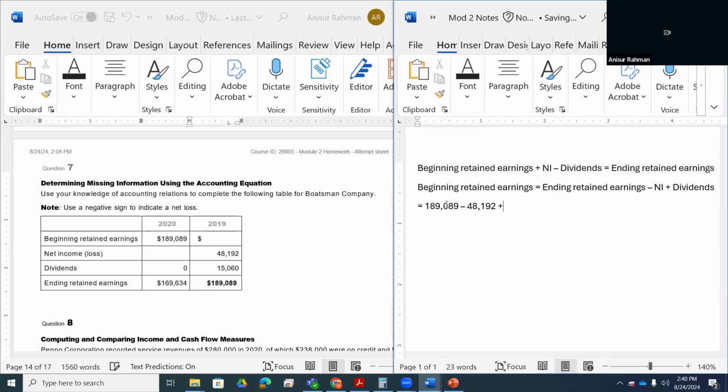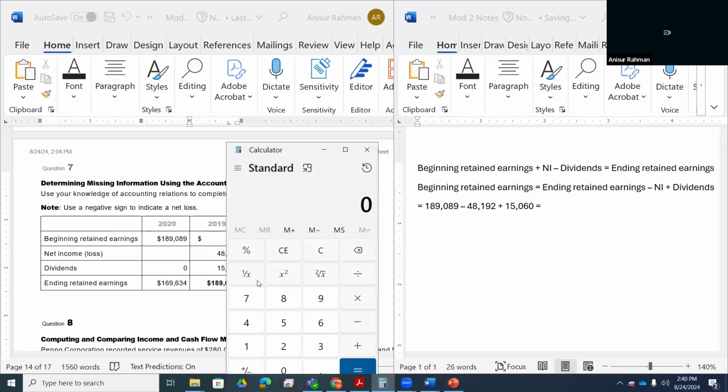And then we'll add the dividends, 15,060. Which will be $155,957.